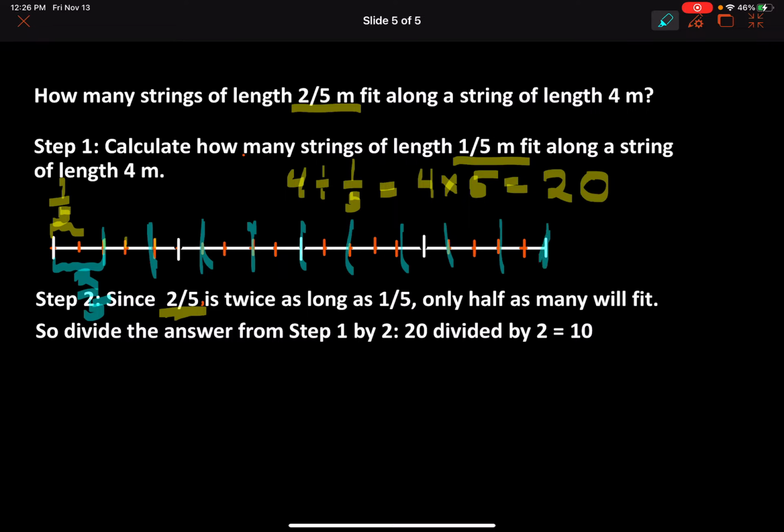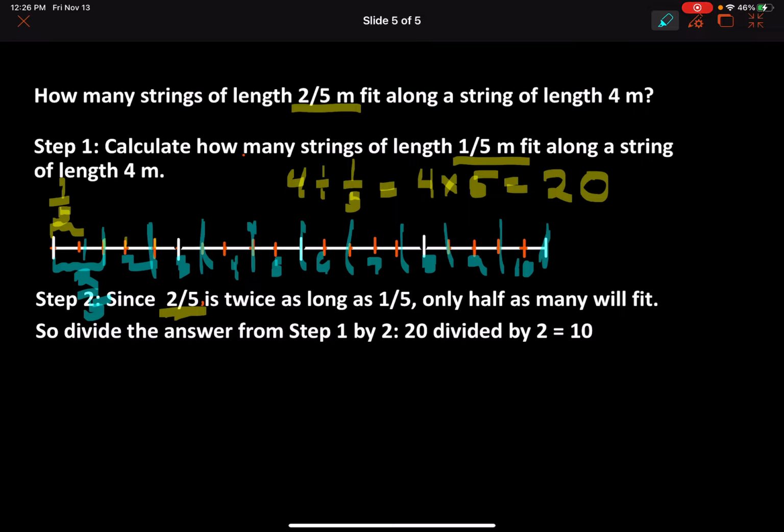Now I want to know how many pieces I have. So this is 1, 2, 3, 4, 5, 6, 7, 8, 9, 10. I have 10 pieces. I don't end up with a fraction. I end up with 10 pieces of that fabric, right?